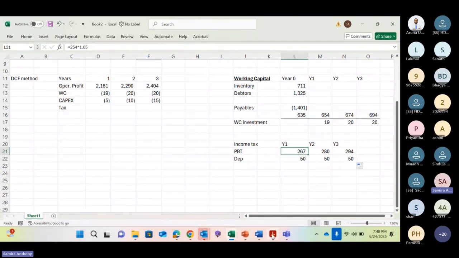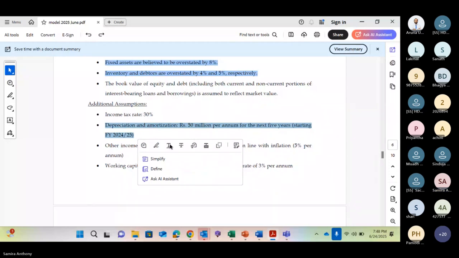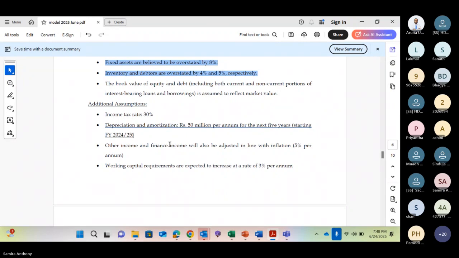Listen to me. Now this question is silent about capital allowances, Hanifa. Clear? This question is silent about capital allowances, right? Got it? Now for tax calculation, you need depreciation as well as capital allowances, right?